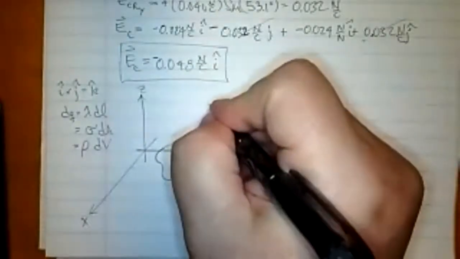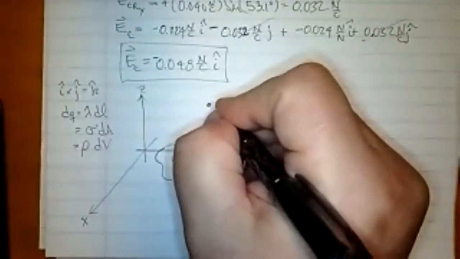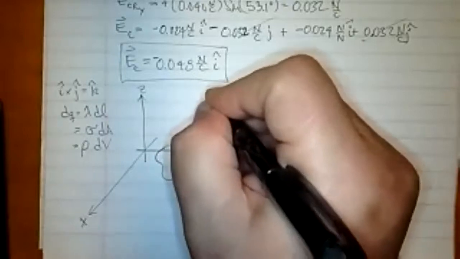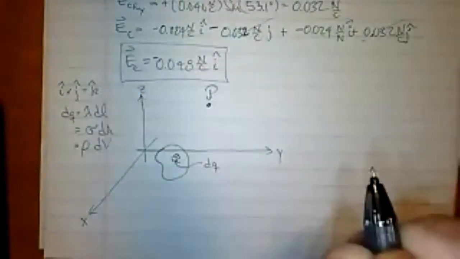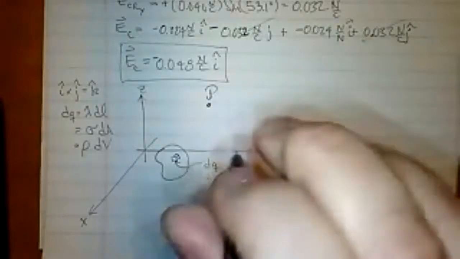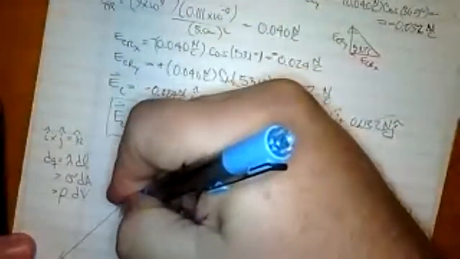Then what we're going to have over here is a charge, or let's say a location P. Okay, so I'm going to create a couple of vectors on here real quick. I'm going to draw a vector that points to dq. So here's my vector that points to dq.